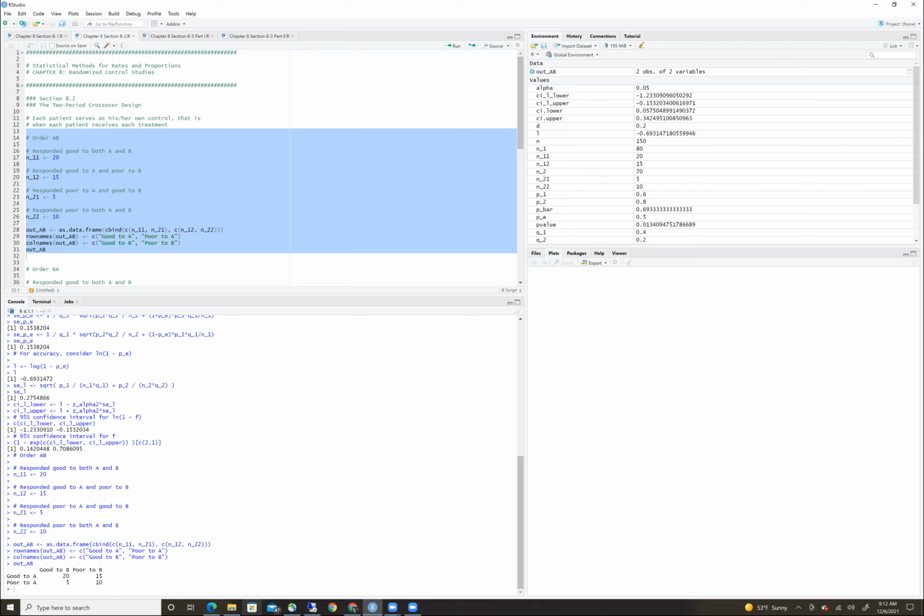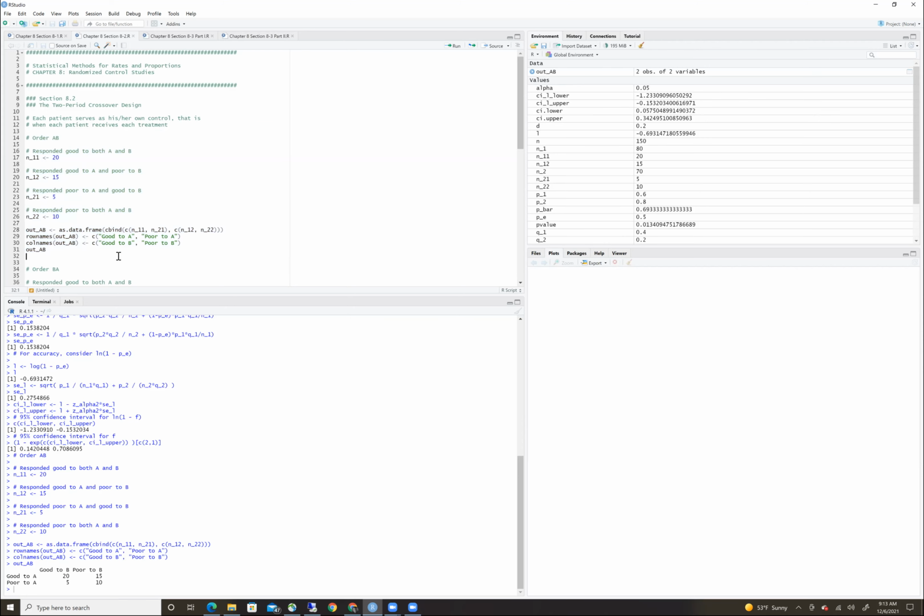And if they respond poorly to both treatments, their information doesn't help you. But what does help you is the people who respond good to one treatment, but not to the other. So really these discordant pairs on the off diagonal are going to give us the most information about the patients who are ordered A to B.